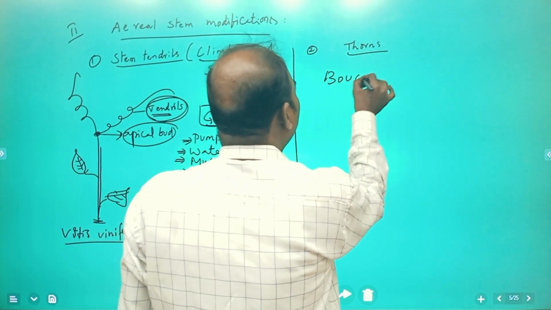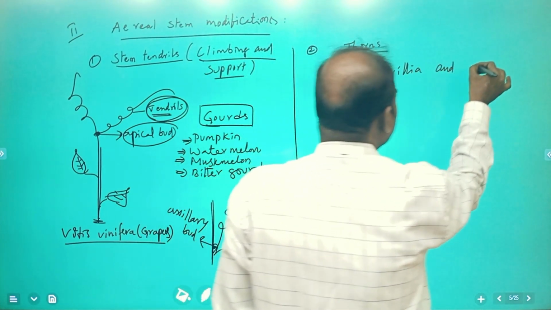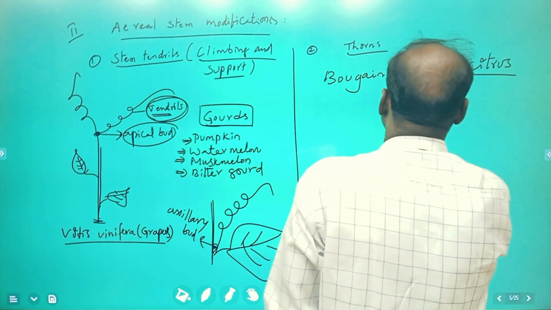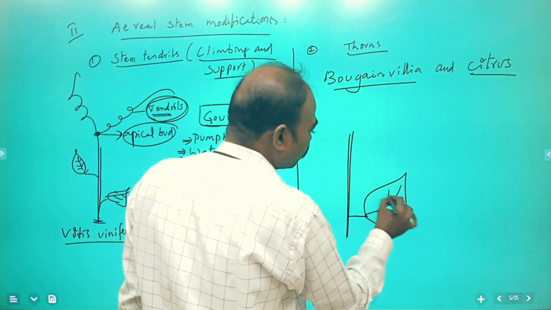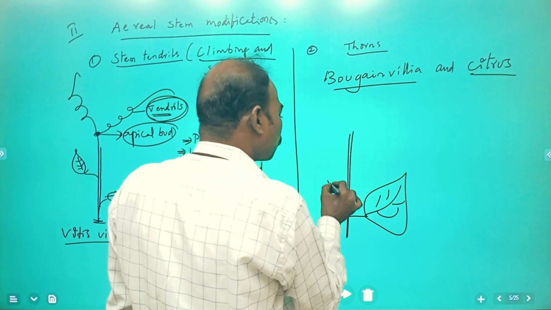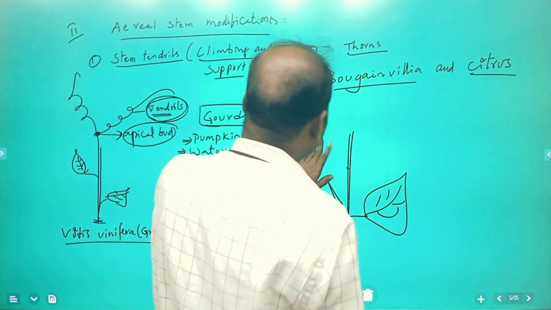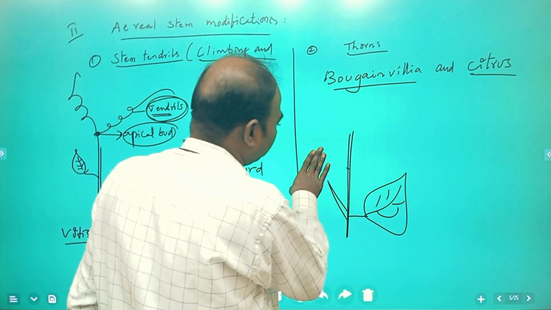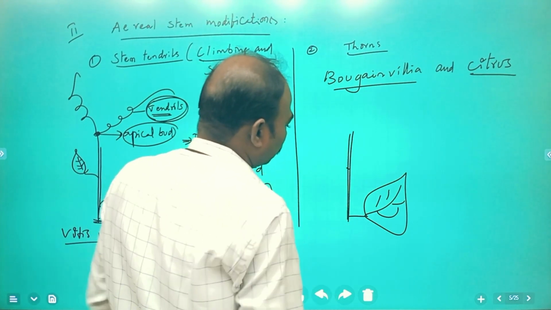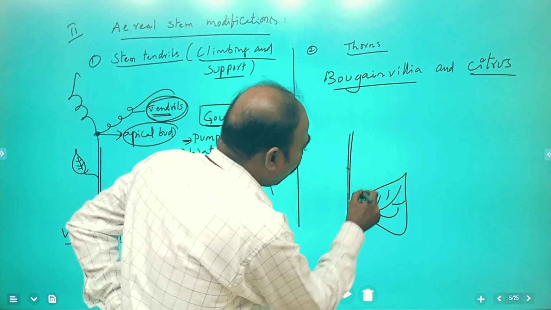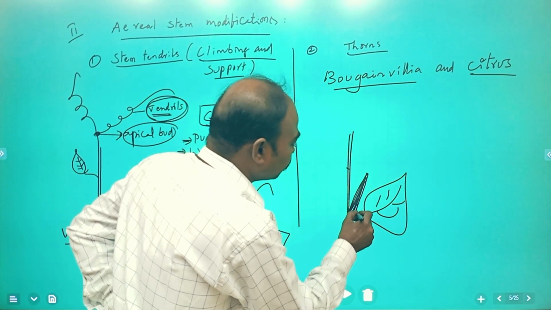In bougainvillea and in citrus plants, the aerial stems have thorns, meaning that in the axils of leaves, pointed, delicate structures are developed. These are called thorns.